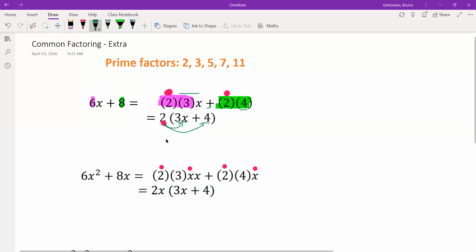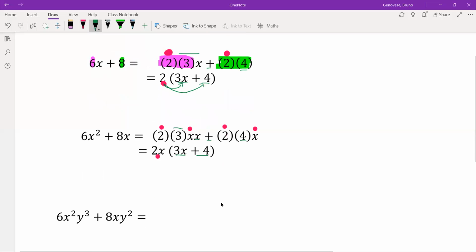So what does that leave behind? Well, it leaves the 3 and an x, which I still have, plus sign, and the 4. So the dots are what was common, 2x, and then the uncommon parts, the 3 plus 4x.